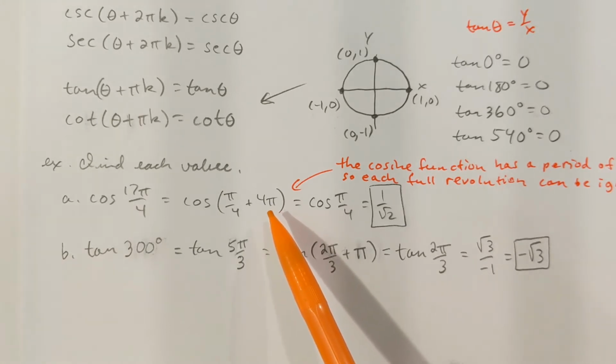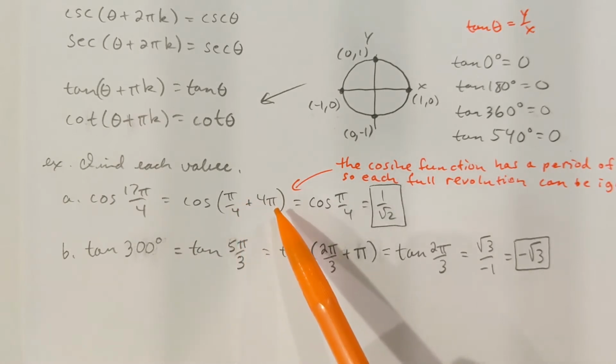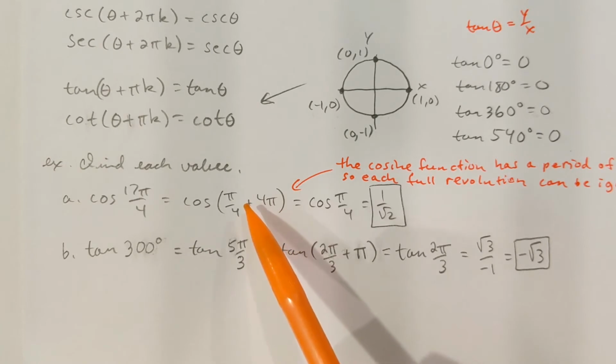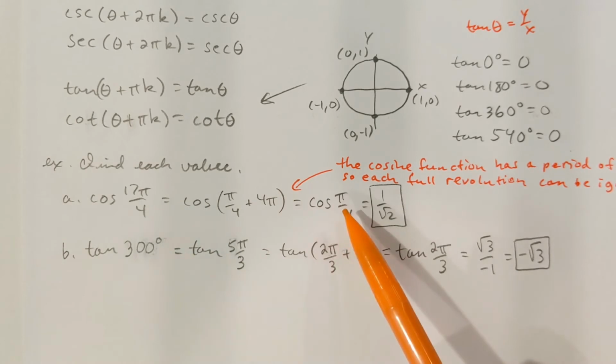Now, I'd want to think of it in terms of pi over 4 plus 4 pi because basically if I'm at the pi over 4 axis and I make 2 revolutions beyond that, I'll be at the same pi over 4 axis. Okay, different angle, but the same radial line there, producing the same triangle, right?